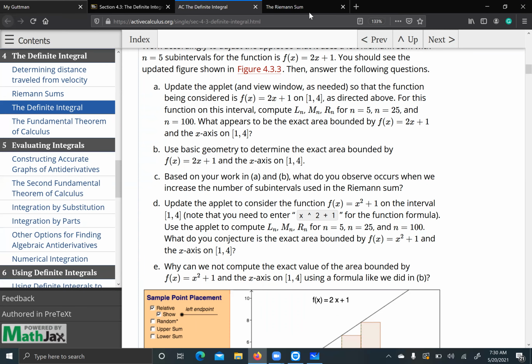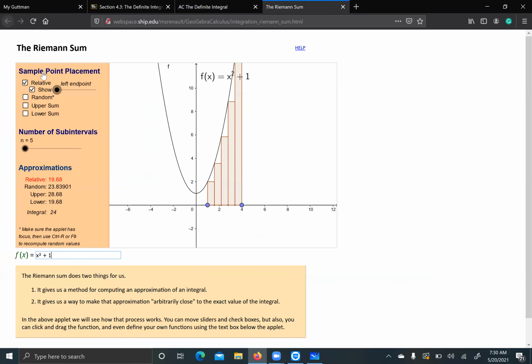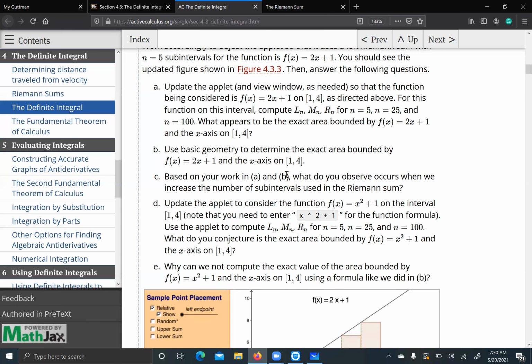I'm going to look at one of them, for example the left endpoint, left Riemann sum, and we want to see the effect of the number of subdivisions. Look at 5.